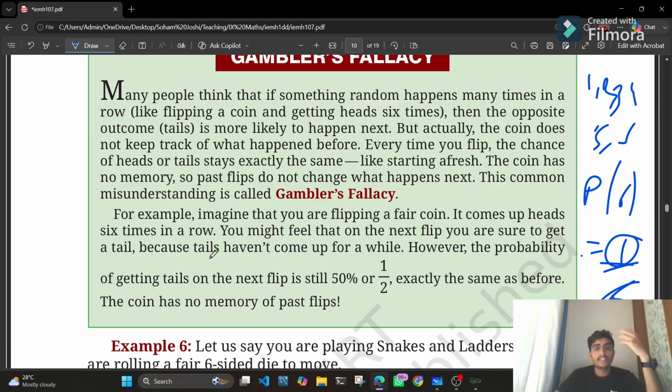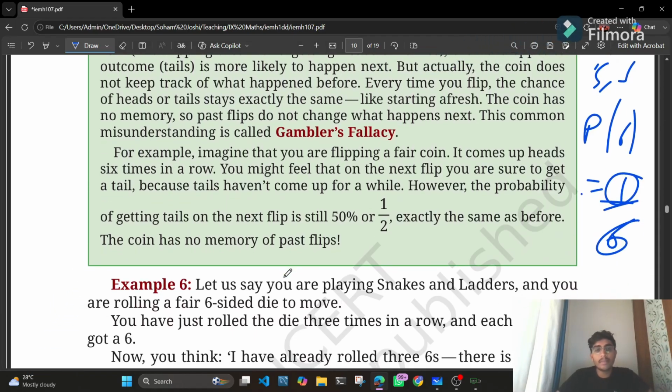So if you have got six three times in a row, for the fourth time you might feel that you will get a six again, but the probability here is again one by six only that you will get a six. So the probability of getting six the fourth time is again one by six, not one, just because you are feeling that you will get a six because in all three earlier chances you have got a six.